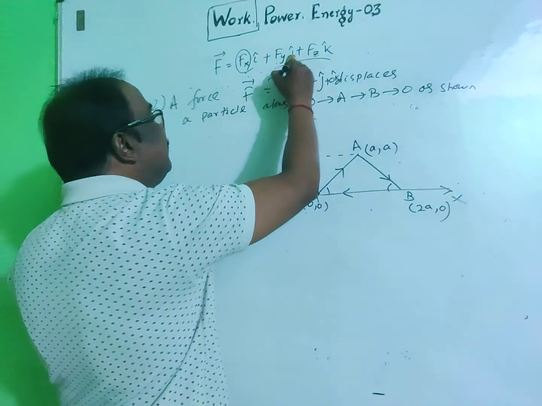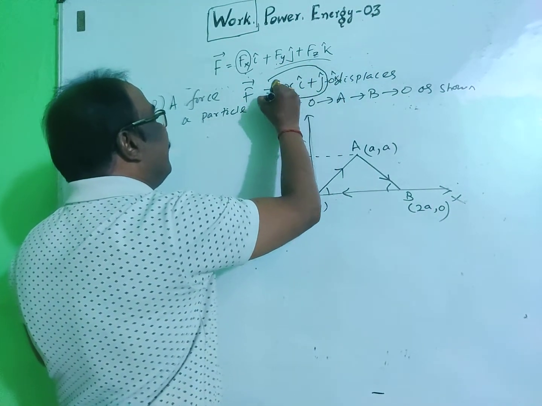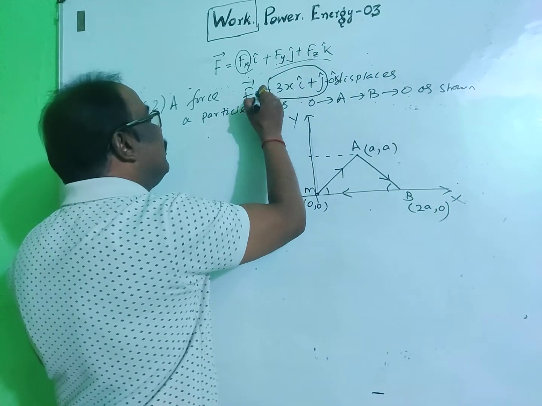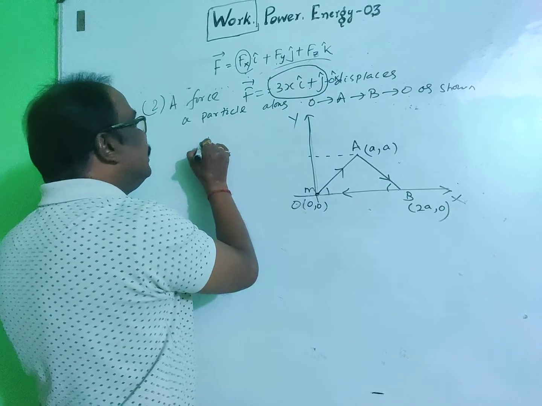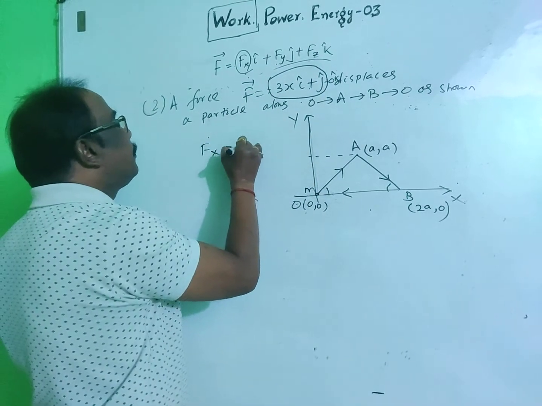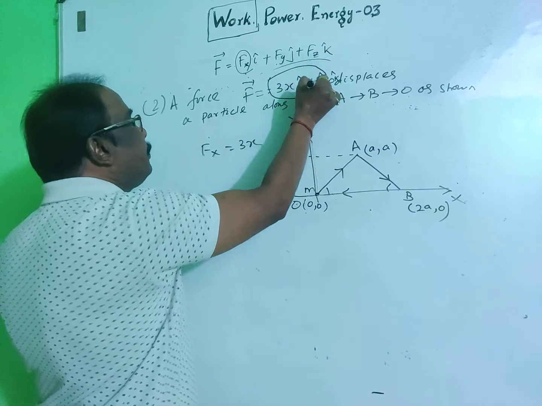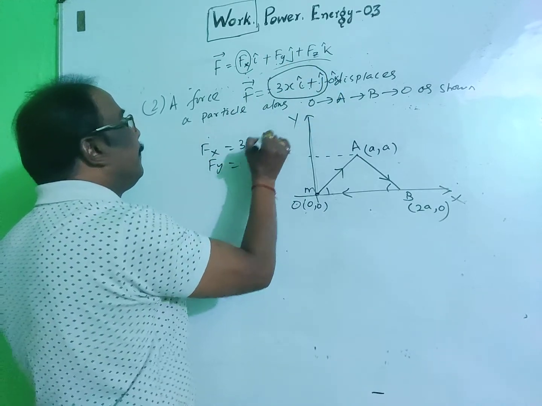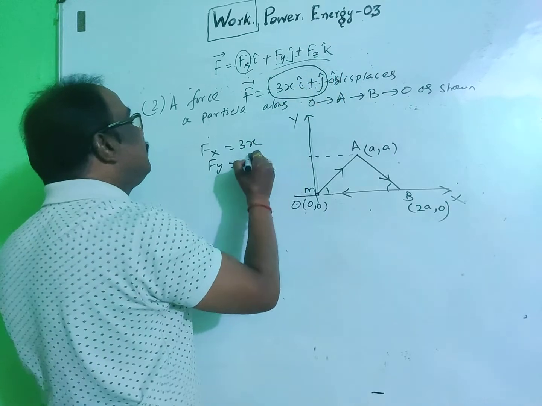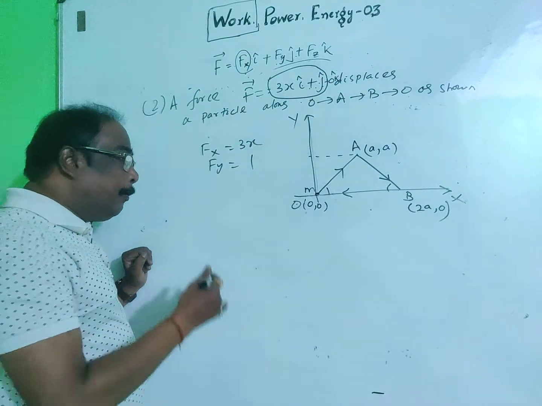The force is given, meaning the components of force are along the x-axis and y-axis. Here Fx is 3x i cap, and Fy is 1 into j cap, magnitude is 1. Then only the condition remains.